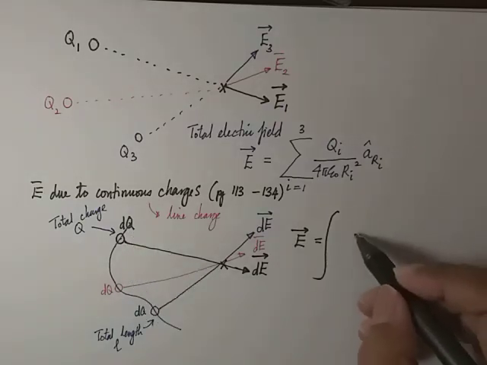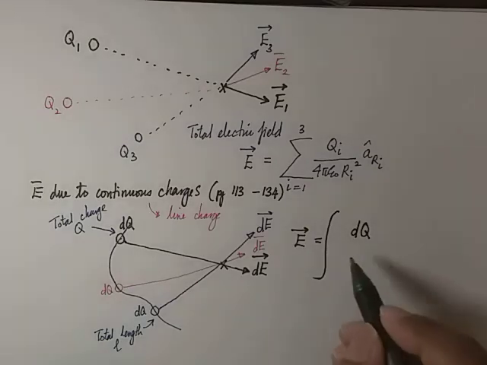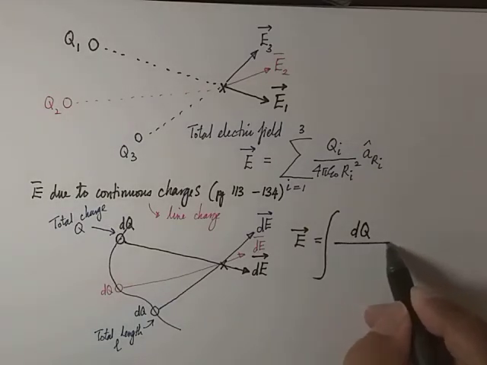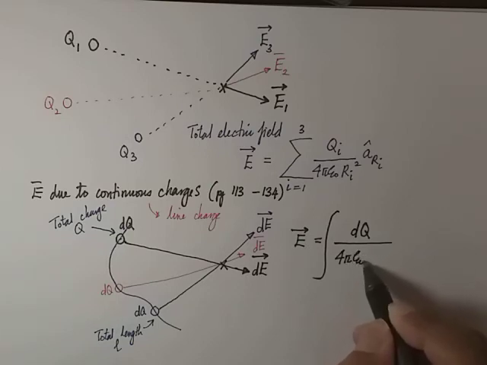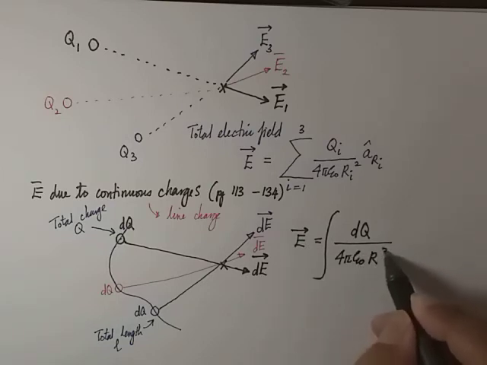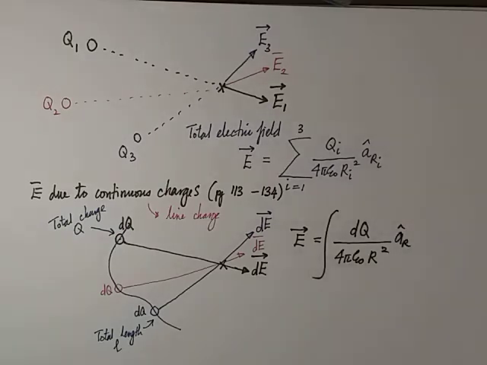So it's dQ. So I'm going to place it there, dQ, replacing our Q. I'm going to divide everything now with 4 pi epsilon naught r squared a_r. So that should be our final equation.